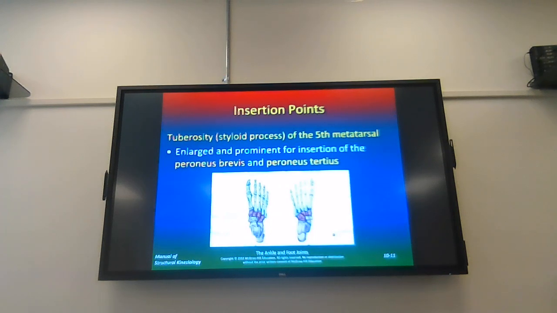All right. So you're going to make your own study sheet for this. So you'll want to use a different color for each of these insertion points that corresponds to one or more muscles. Knowing the insertion point can give you a clue on what the function of a muscle is.